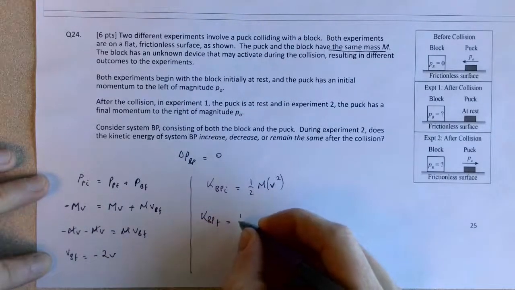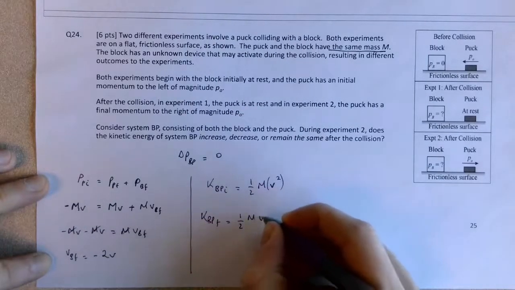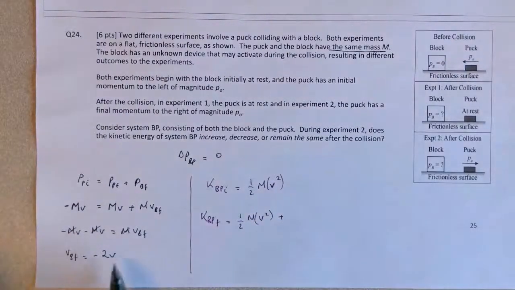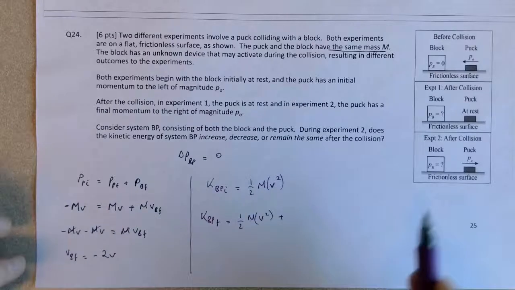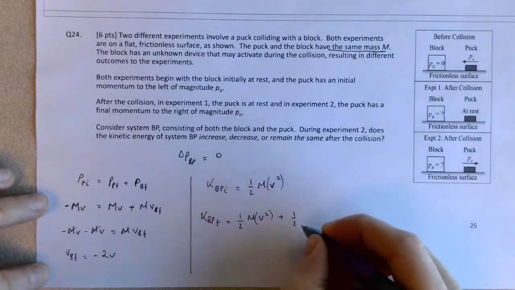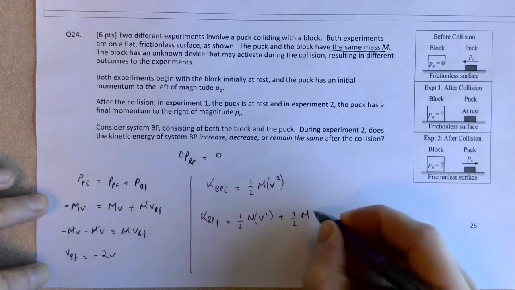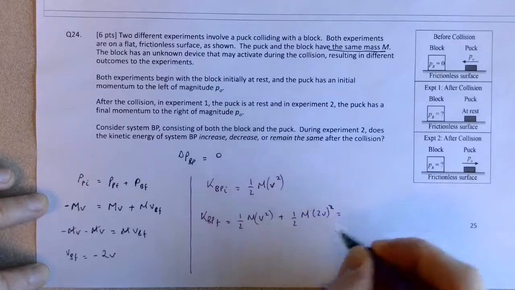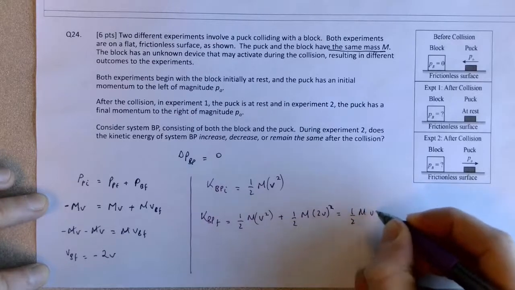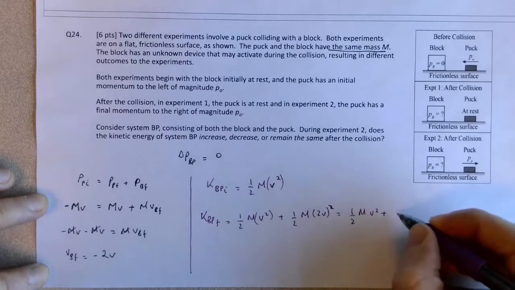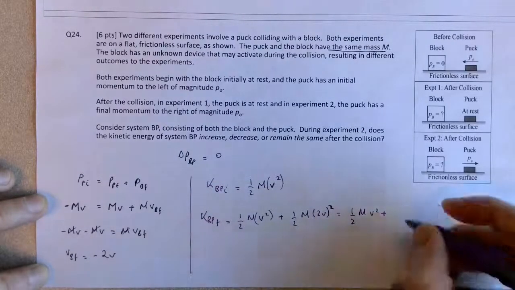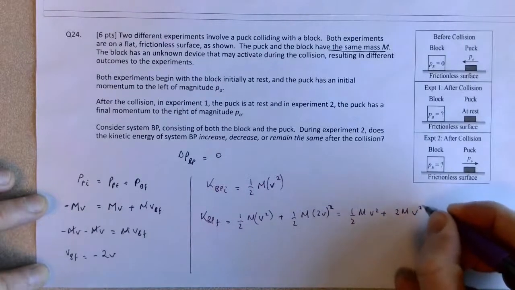So this is 1/2 of the mass times v squared, plus we now have to consider the kinetic energy of the block afterwards. So we have 1/2 m times 2v, all squared. This is again 1/2 mv squared for the puck, plus this will become 4v squared times 1/2 m.